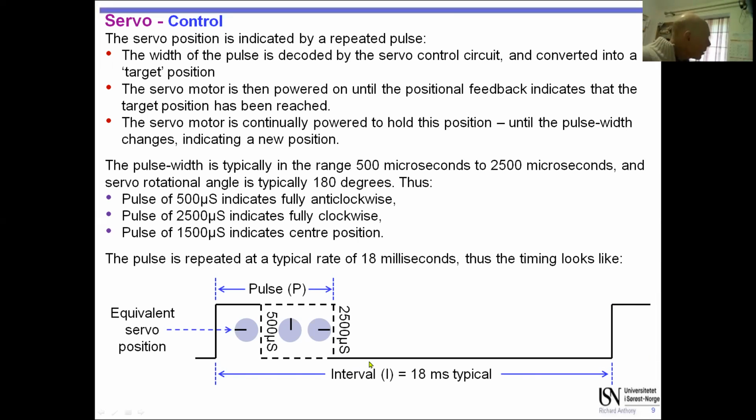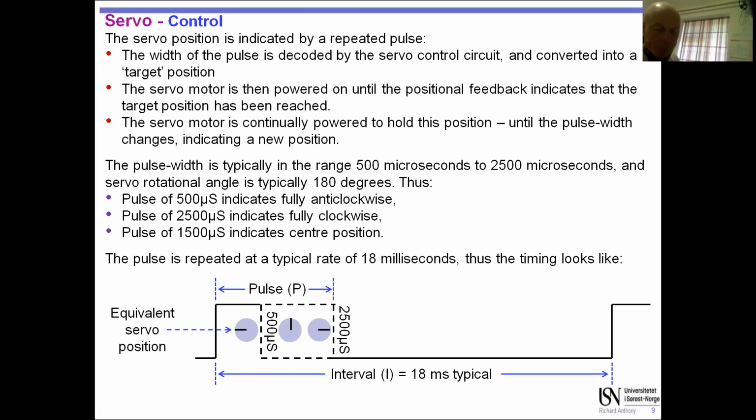If it sees another pulse somewhere like here that it's not expecting, it will get confused, and your servo might start doing weird stuff. And no control system I've ever come across would like that weird stuff happening. You avoid that kind of thing. So your pulse needs to be set to be repeating every 18 milliseconds.